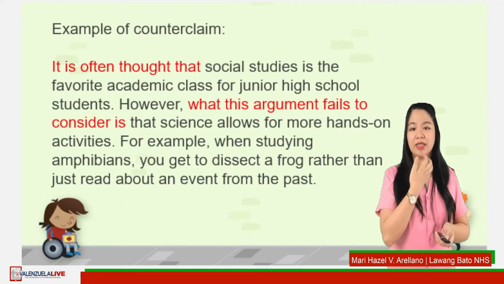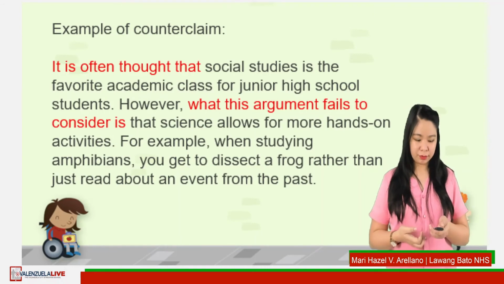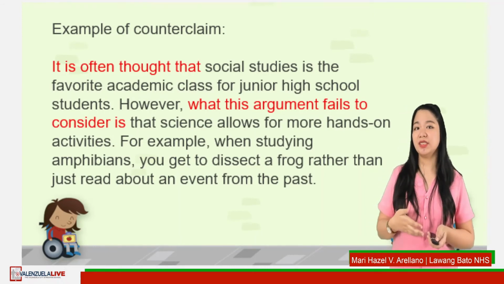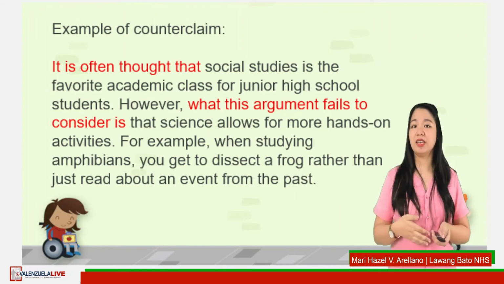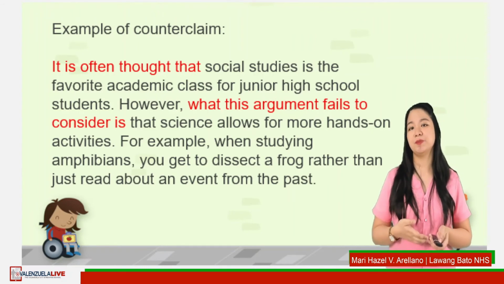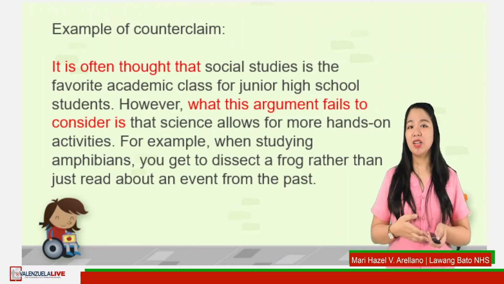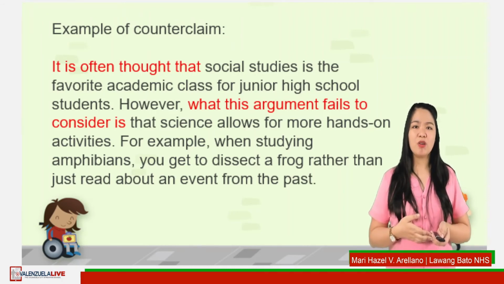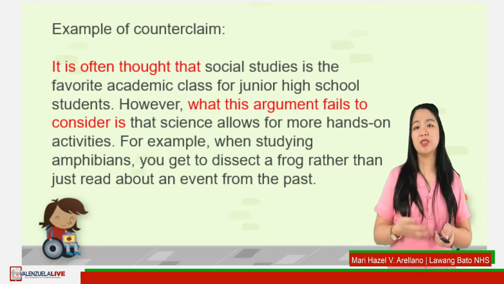So we have here an example. It is often thought that social studies is the favorite academic class for junior high school students. However, what this argument fails to consider is that science allows for more hands-on activities.